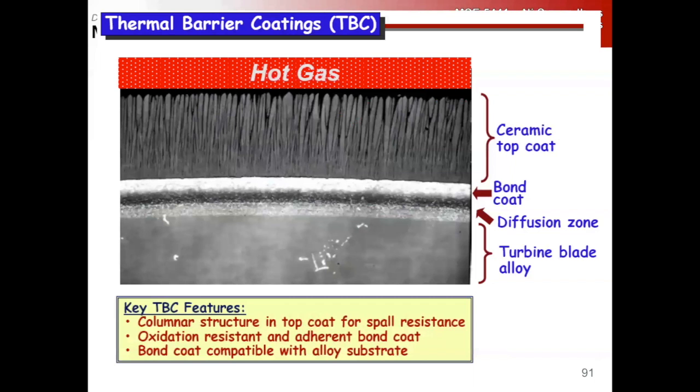It goes cubic to tetragonal to monoclinic, and you want to keep it in the cubic zirconia phase, right? The same phase that is used to make fake diamond rings, or used to be, before they had much better fake diamond rings now. Okay.